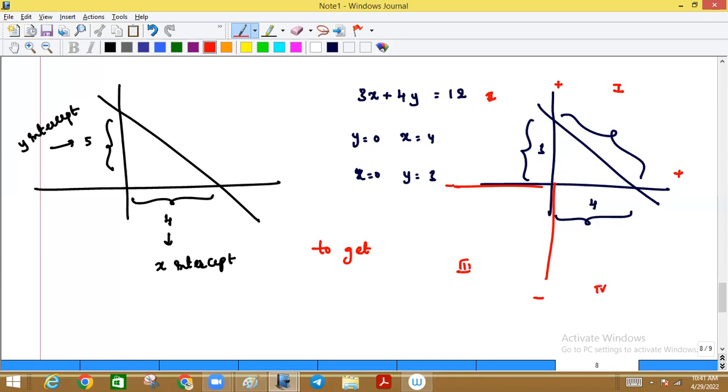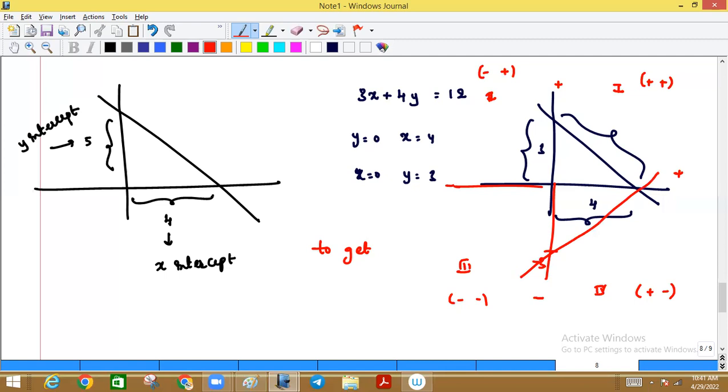In first quadrant, both of them are positive. In second quadrant, x is negative, y is positive. In the third quadrant, both of them are negative. In fourth quadrant, x is positive, y is negative. Suppose you got x-intercept as 4, y-intercept as negative 3, I'll take it like this, then the line will be something like this. You understand?